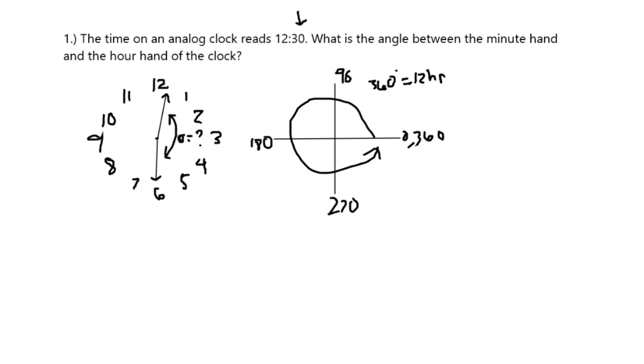So, what we're going to do is just a simple unit conversion. We all know there's 360 degrees sa 12 hours. So, ang hanapin natin is just what it is sa isang oras.